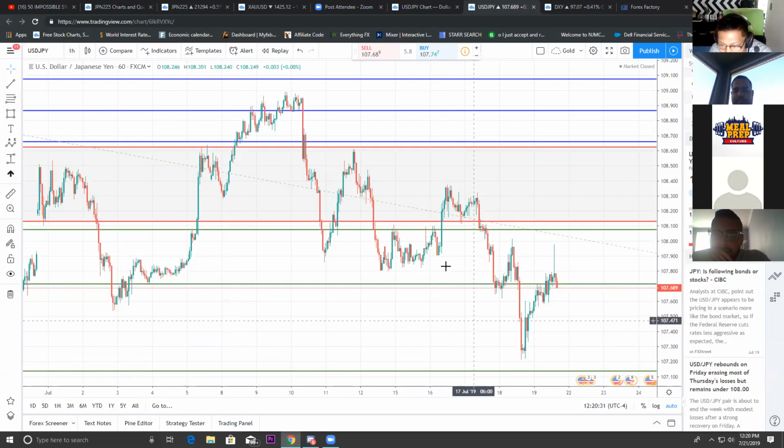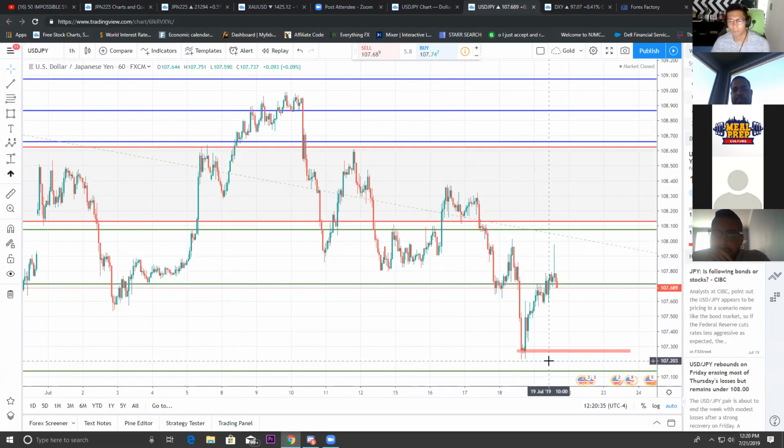Oh, okay, I see. Sell zone. Buy zone. That's a buy zone if it doesn't break that. You have to understand your risk and limit your risk. So if you're trying to buy here, the next possible. Yeah, it'll drop. That's what I'm seeing.